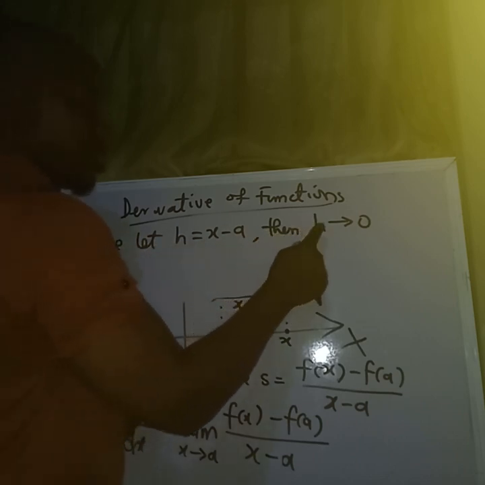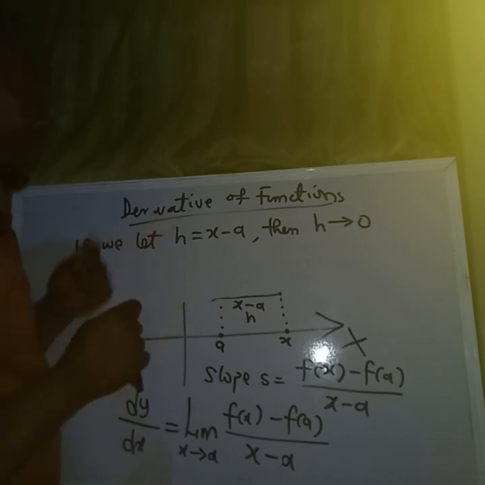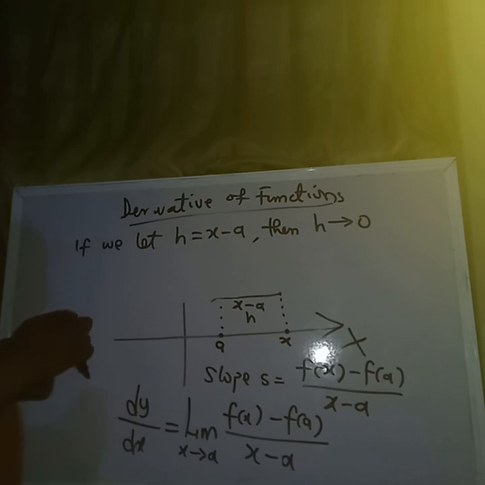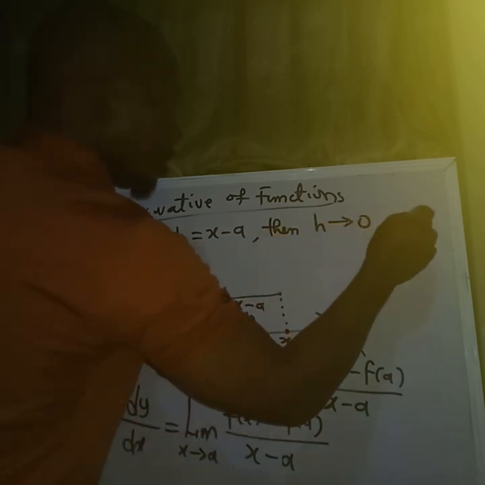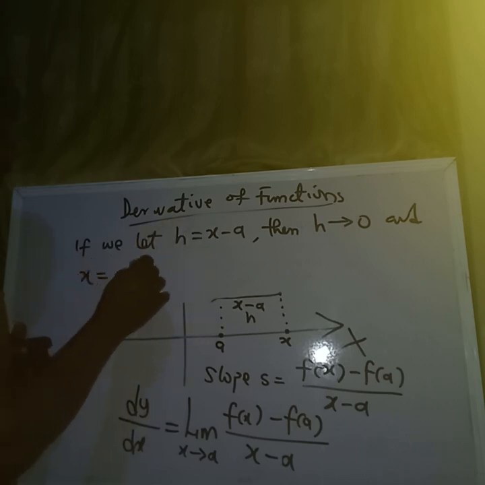So as h tends to 0, of course here also we can make x a subject of the formula. So here also x becomes a plus h.